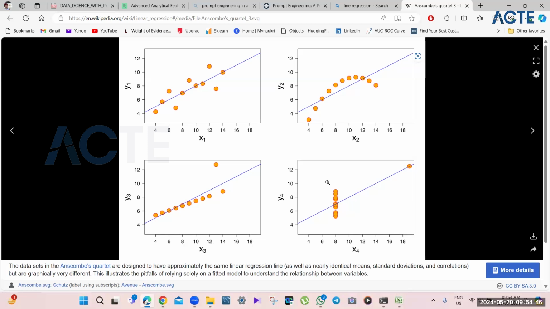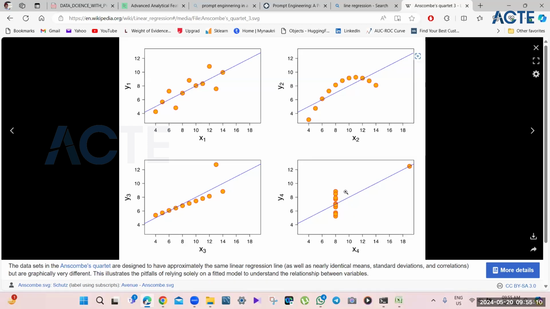X4, Y4 is something where we shouldn't use a linear regression, because these are not numerical forecasted values. Here the value is slowly increasing, but the value of X is fixed at 8, while Y changes between 4 and 10.